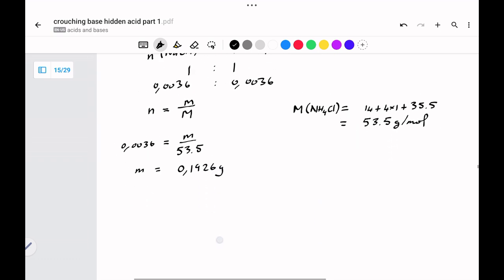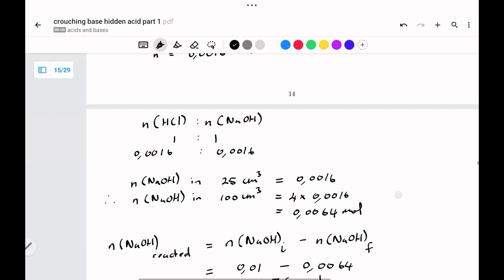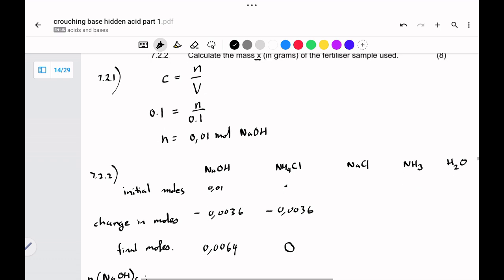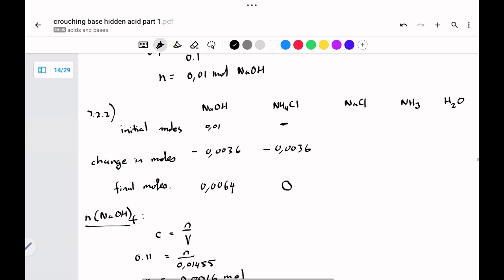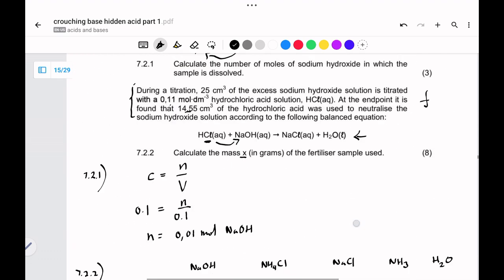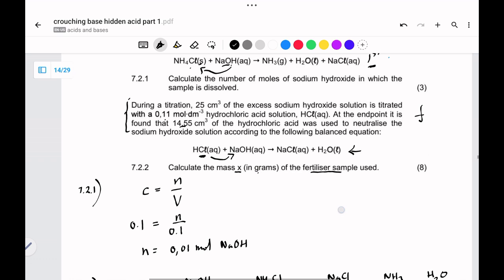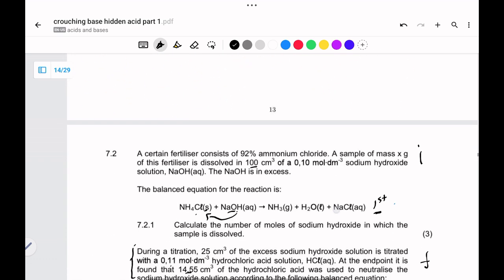And now we use the percentage purity. So this is the actual mass of the ammonium chloride that we just found. But the question was asking for the mass of the fertilizer sample. And the fertilizer sample we were given was 92% ammonium chloride.